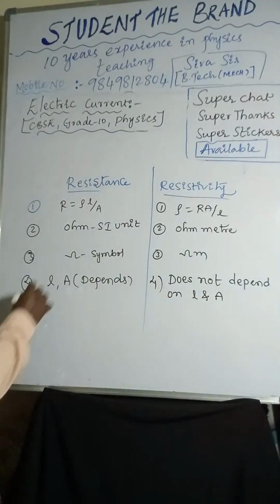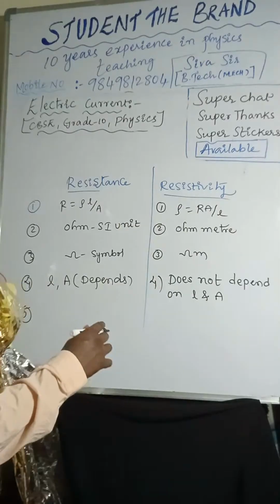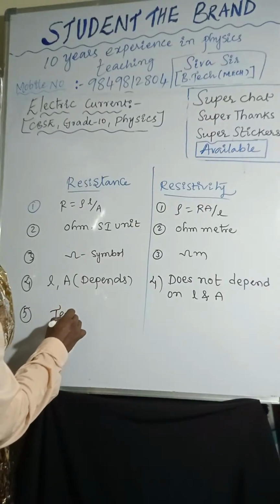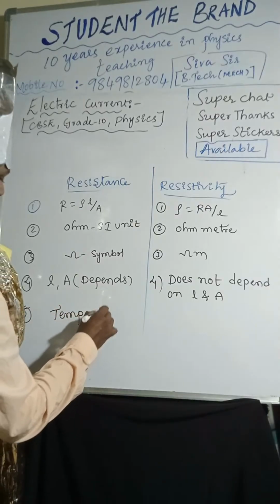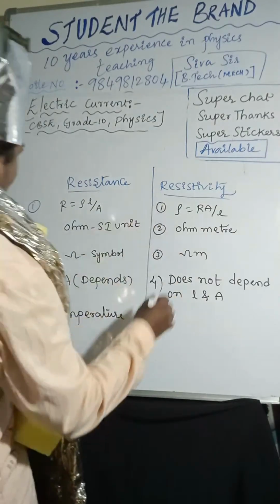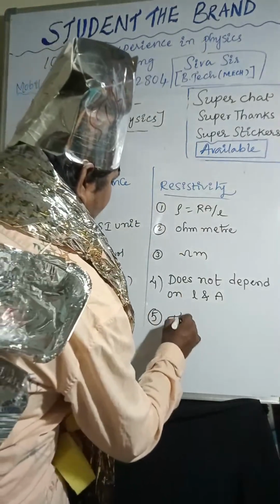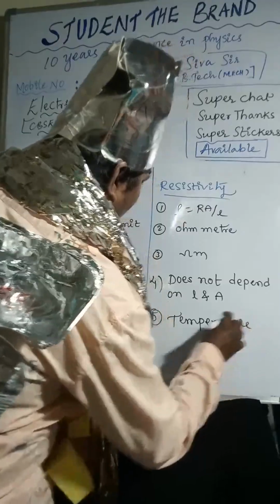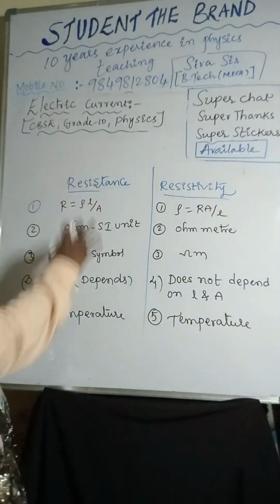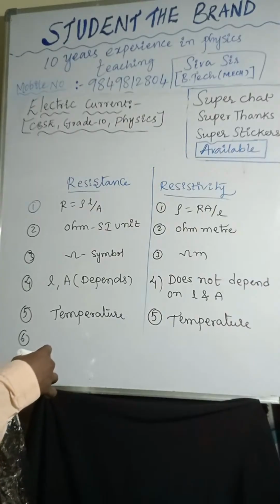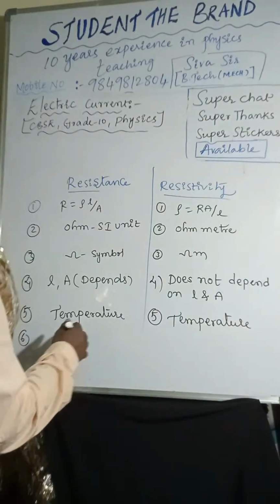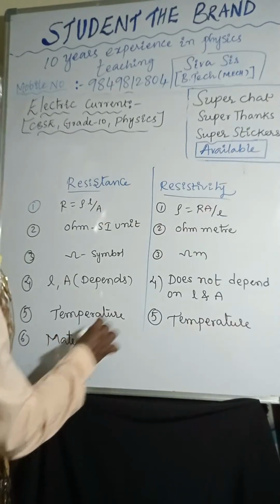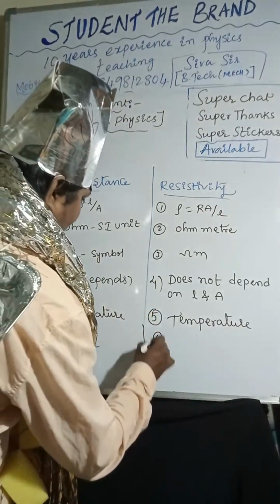Fifth one, resistance depends on temperature. Resistivity also depends on temperature. And sixth one, resistance depends on the material of the conductor. Resistivity also depends on material.